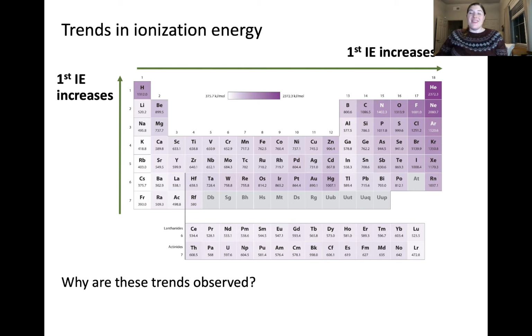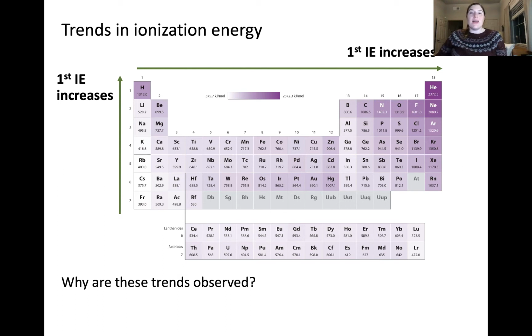And we also know that that means the atomic radius or atomic size decreases. The electron cloud is held more tightly closer to the nucleus. What that means is it takes more energy to remove a mole of electrons from that mole of gaseous atoms because the electrons are held more tightly.